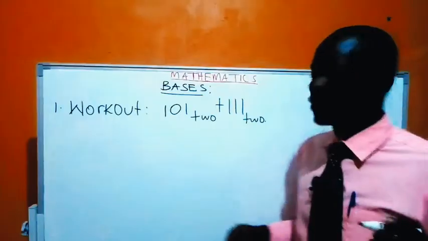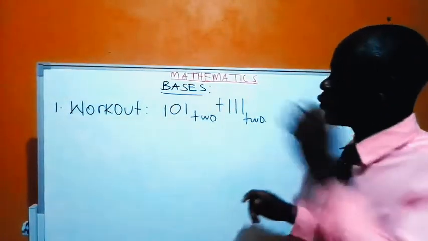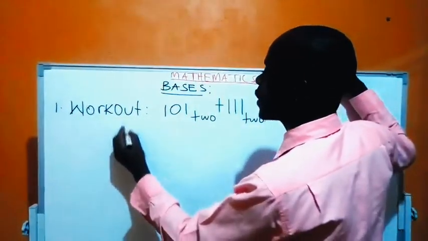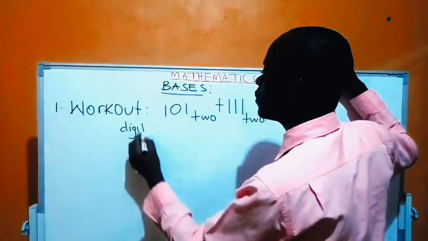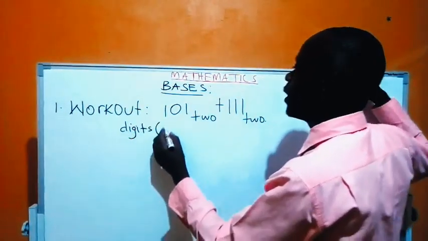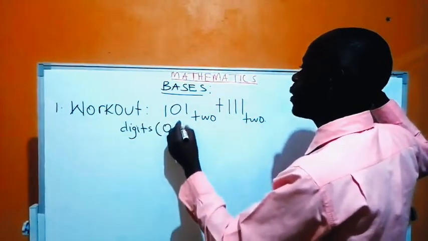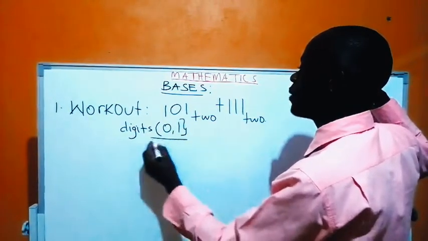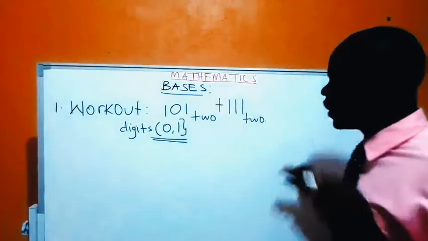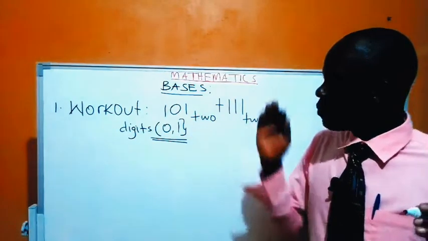Remember, I told you that base 2 has only 2 digits. The digits used here are 0 and 1. It is the only ones that you'll see under base 2.